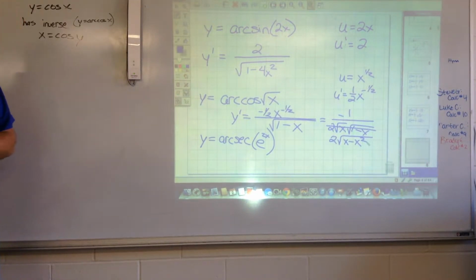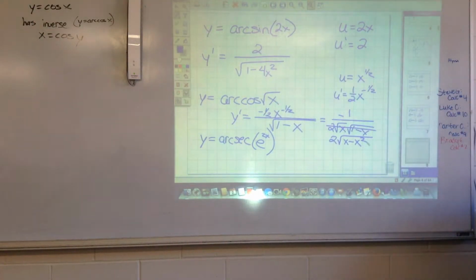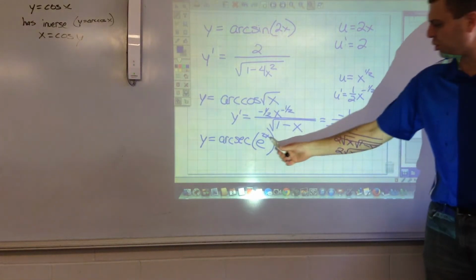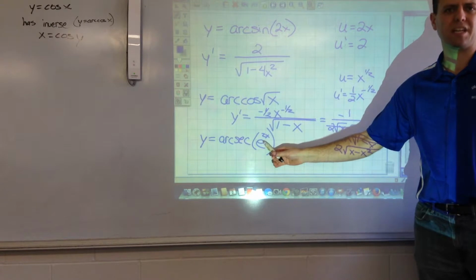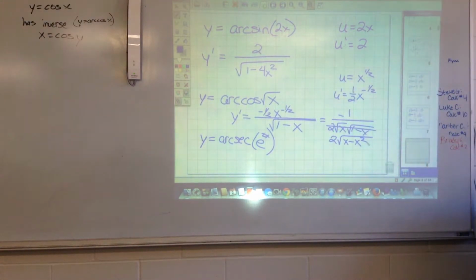Okay, all right, and then arcsecant of e to the 2x. So arcsecant, again, let u be e to the 2x. What would u prime be then? e to the 2x times 2, or 2e to the 2x.